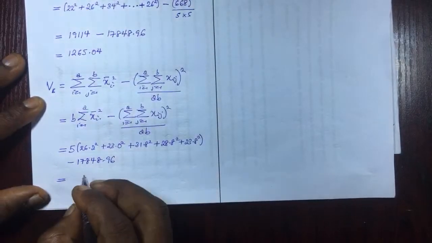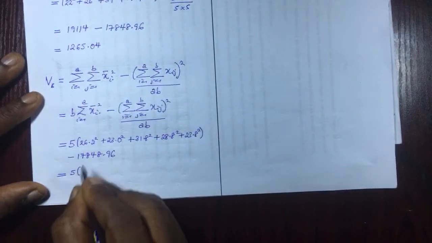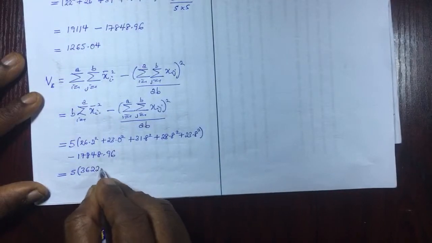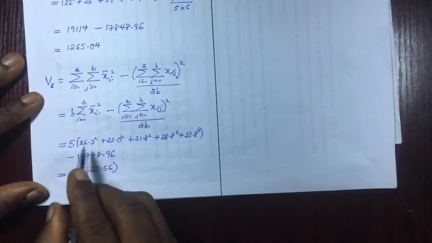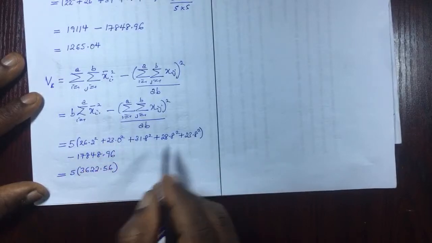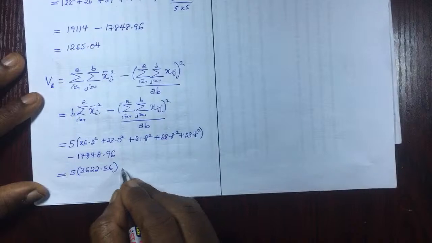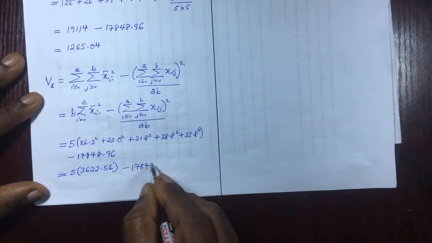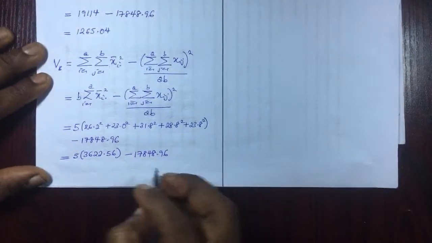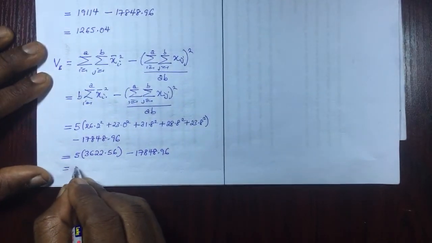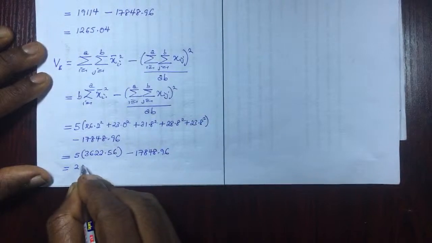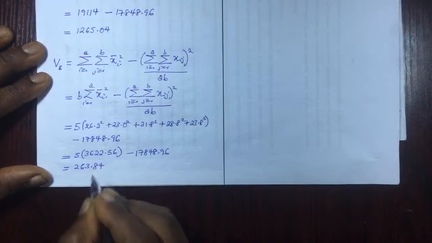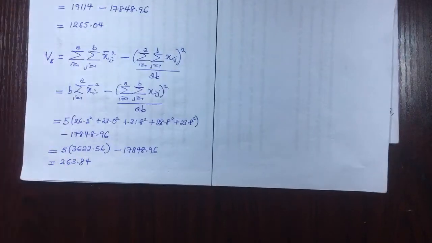And simplifying, this would give me 5 times the sum of everything here, 3622.56. When you sum up all the squares here and multiply by 5, that's what we are going to have. So I'm going to bring down this value and thereafter simplify. When you perform this simplification, you are going to end up having, if you do it correctly, 263.84.